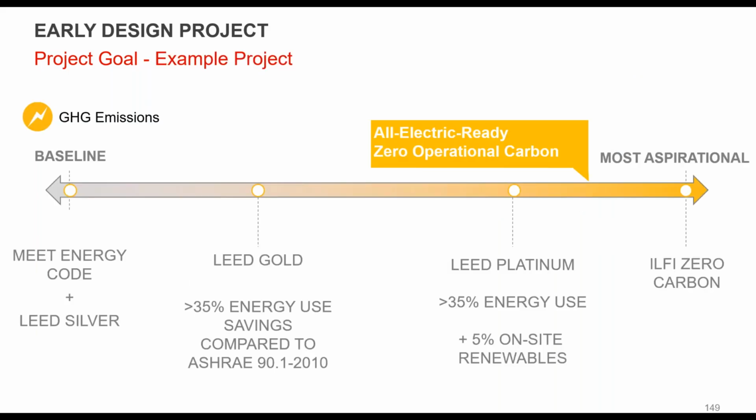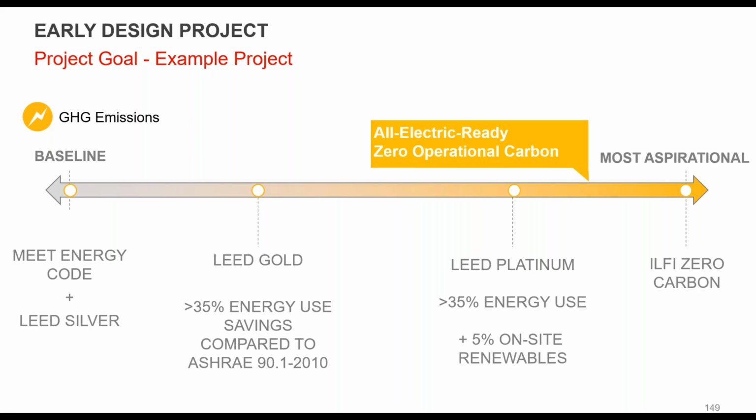So this is an example of where you might be on a spectrum. Aspirational, so meeting the energy code and LEED Silver, you are doing better than the minimum code. LEED Gold, you may be looking at 35% energy use savings compared to some baseline.